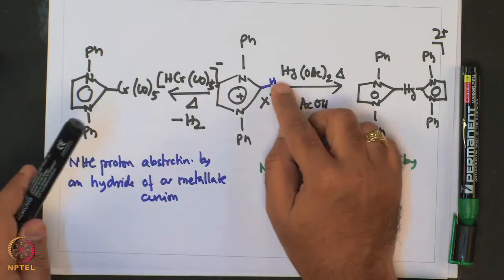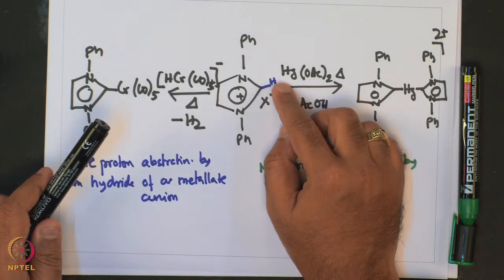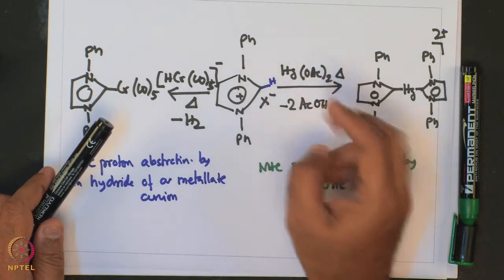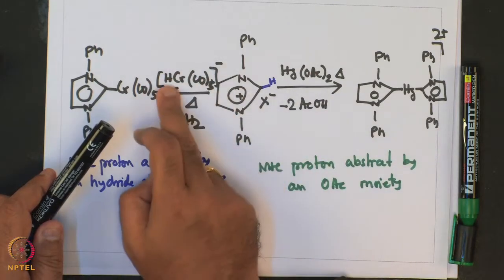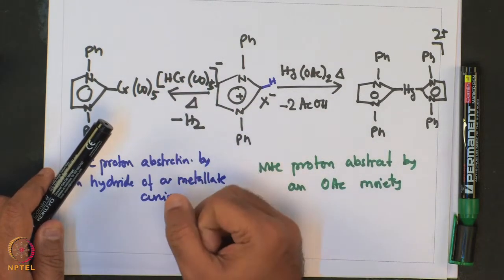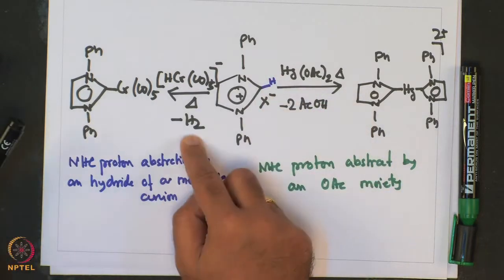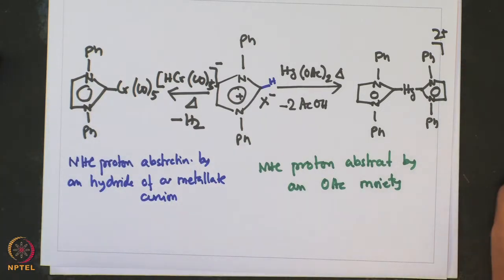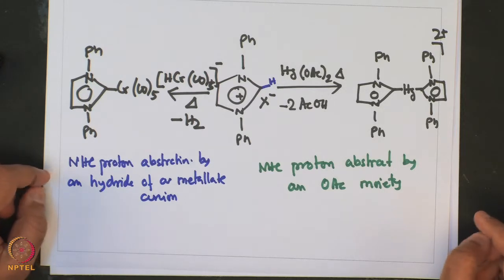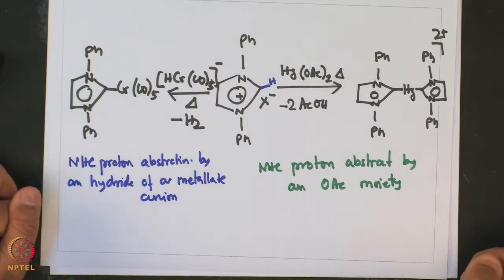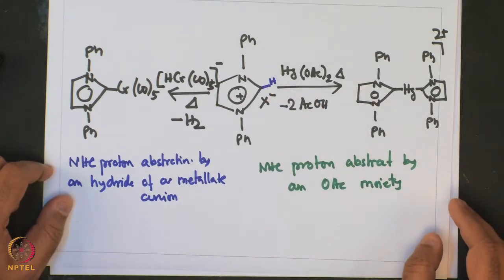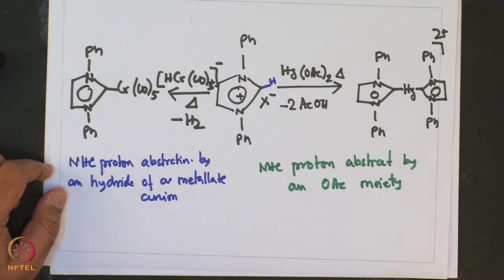In both cases the acidic proton of the NHC precursor is abstracted. In this case it is by the anionic acetate moiety, and in this case the hydride of this metallate abstracts this proton, leading to evolution of dihydrogen along with the formation of the chromium carbene complex. So, this is a very elegant route whereby the NHC precursor is converted to transition metal NHC complexes.